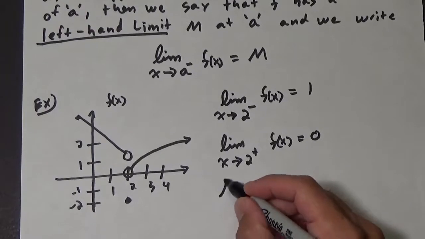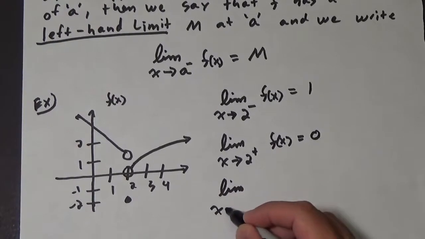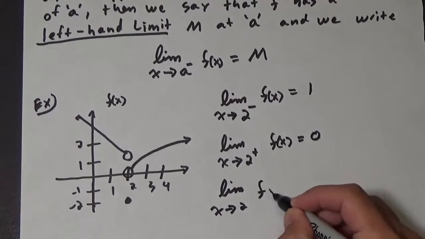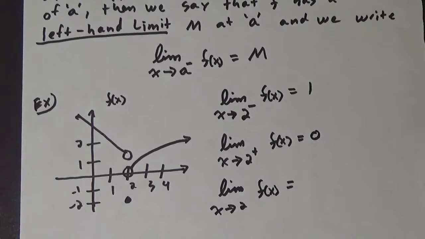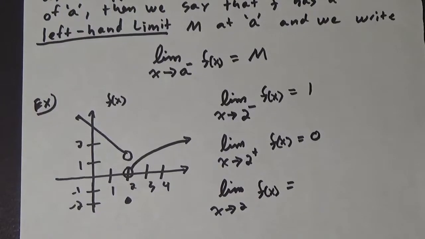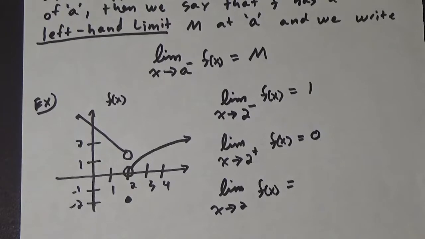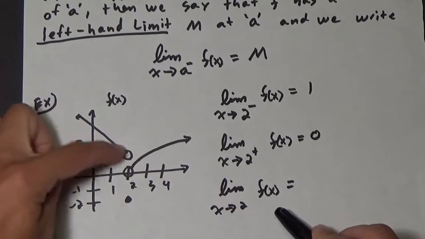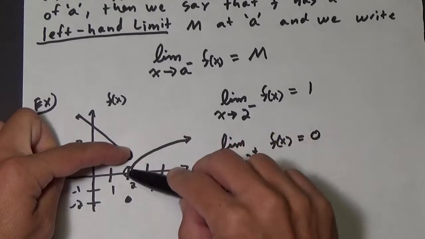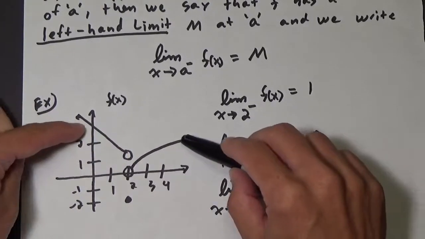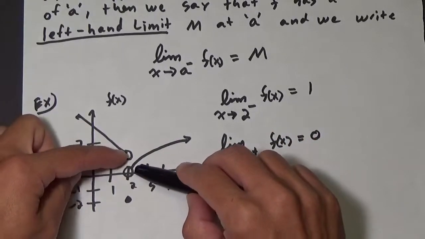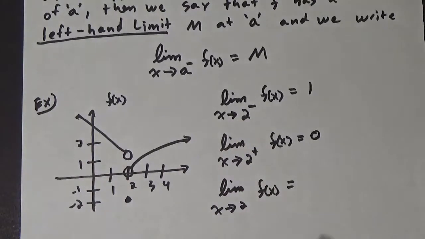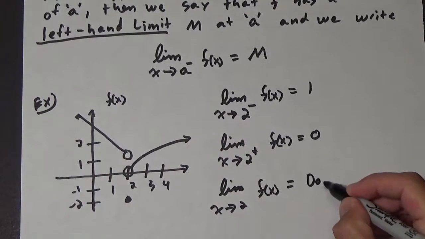Now, we can ask, what is the limit as x approaches 2 of f of x? Now that we have the one-sided limits, it's easy to figure out, because if from the left we're going to 1, and from the right we're going to 0, that means we're not going to the same number on both sides. So in this case, it does not exist.